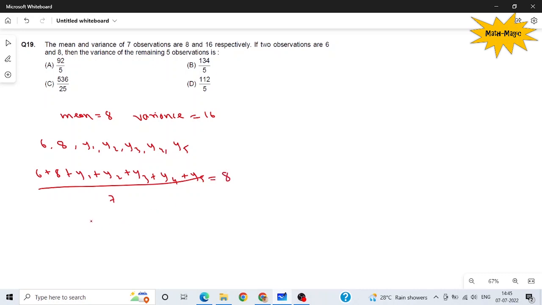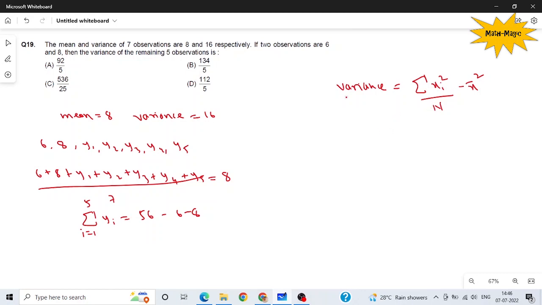From here we get y1 + y2 + y3 + y4 + y5, so the summation of yi for i equals 1 to 5 turns out to be 7 times 8, which is 56, minus 6 minus 8. We can then find the average of this, because the variance formula is summation of xi square upon n minus x bar square, where capital N is the number of entries.